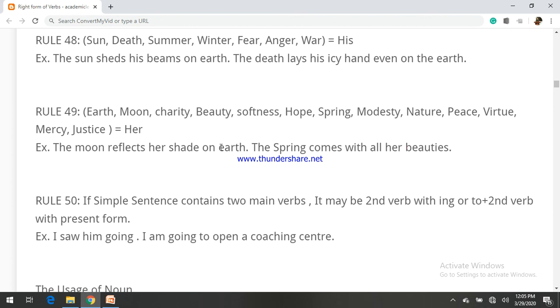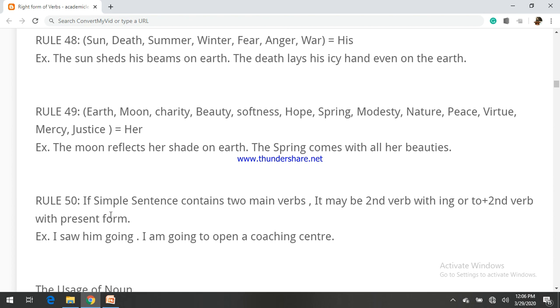Rule 50, my today's last rule. If a simple sentence contains two main verbs, the second verb may be with ing or to plus the present form. Example 1, I saw him going. Just simple. You have to remember it in a simple way.